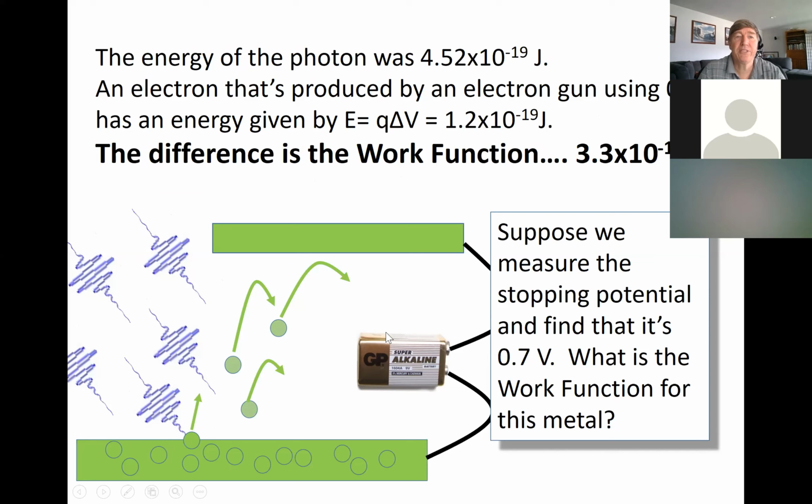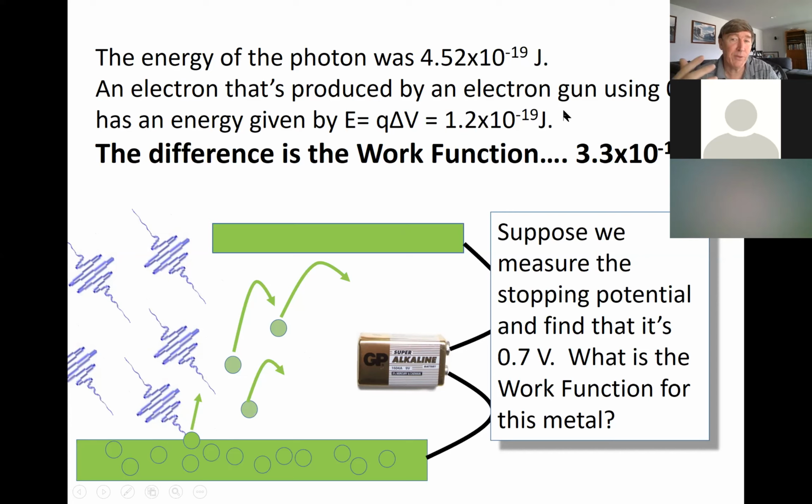Well, the energy of the photon, we calculated that a couple minutes ago, so we know what that is. Then what we've got here is an electron gun in reverse, where 0.7 volts is enough to stop the electrons.